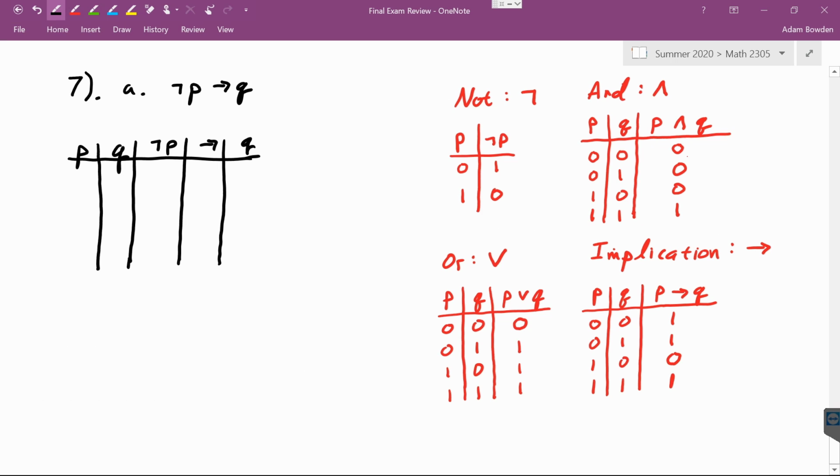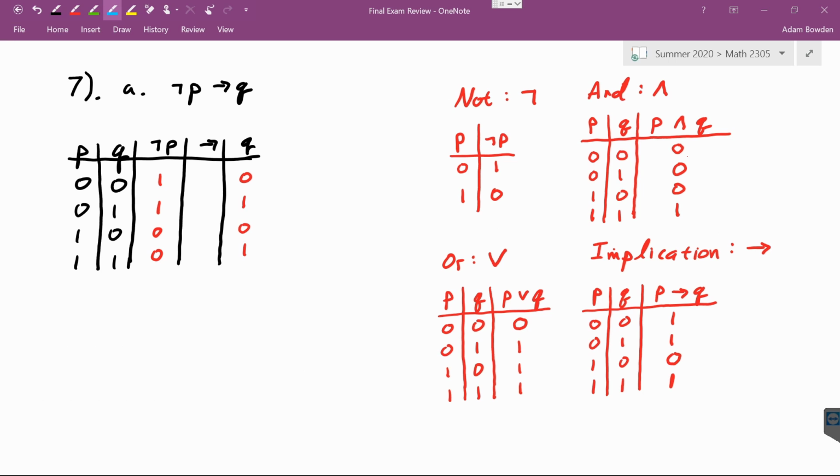And so the values of P and Q can go 0, 0, 0, 1, 1, 0, and 1, 1. For not P, that would look like 1, 1, 0, 0. And then for Q, I'm just going to copy down the values from that column.